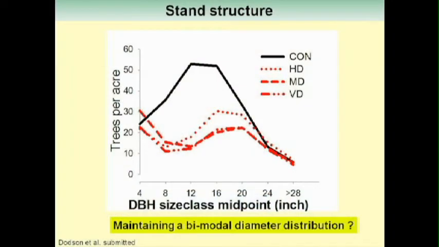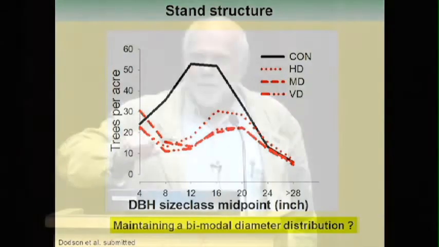So tying this back together, while I pointed out that the diameter structure here, the bimodal structure, is mainly driven, at least initially, by the chainsaw effect. If you followed my story about what happens here to the left side of the 4 inches, you can see that the potential of having this multimodal distribution clearly is there. And maintaining it, if we want it, that'll be the challenge in the future, as far as I can tell, in terms of management.